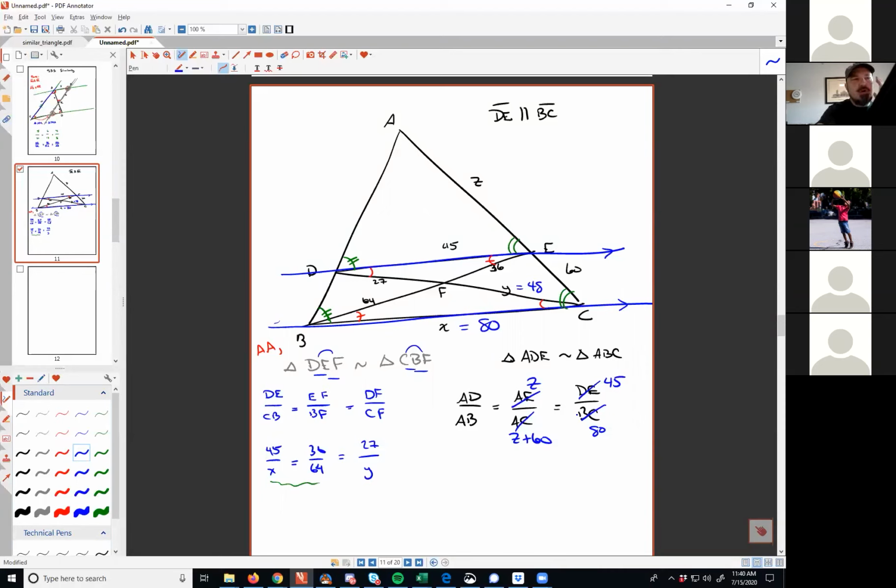Okay, so how do we find Z? And we could flip the equation. We could. What else could we do? Cross multiply. I think it's probably good to just dive right into the algebra, cross multiply.